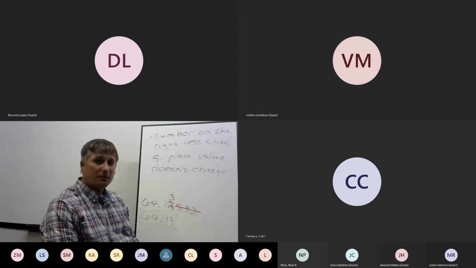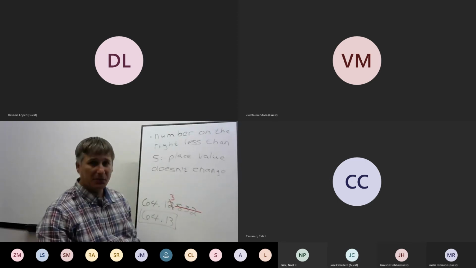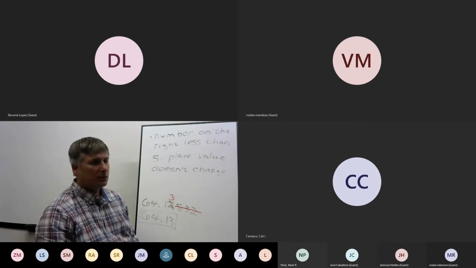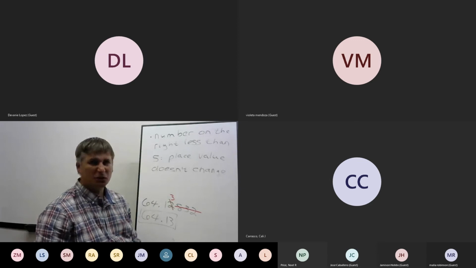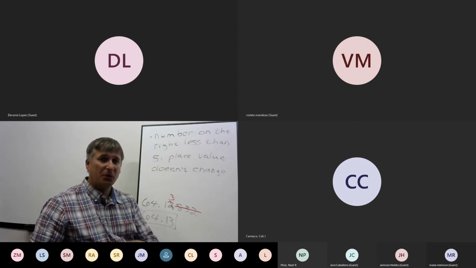Well, then the place value that we're trying to round to won't change. It stays the same. We still get rid of all the numbers to the right of it, but the place value doesn't increase or decrease, it just stays the same. Let me show you.